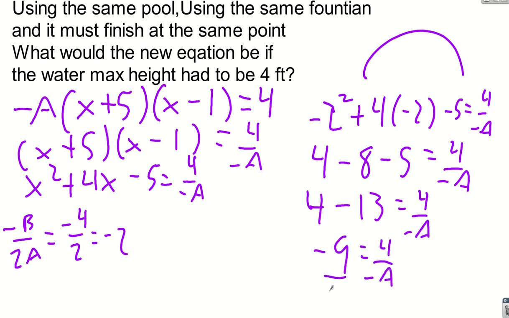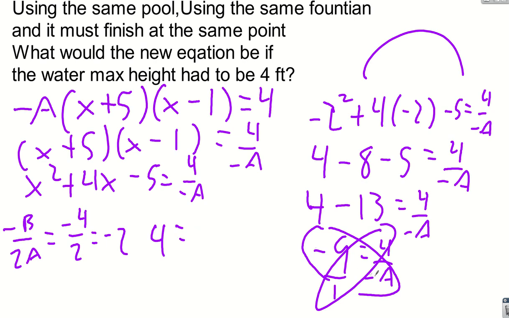So now I can do my two fractions are equal to each other, and I can do my butterfly technique. Multiply, and I get 4 is equal to negative and negative make a positive, 9a. And I divide by 9. So a is equal to 4 over 9.